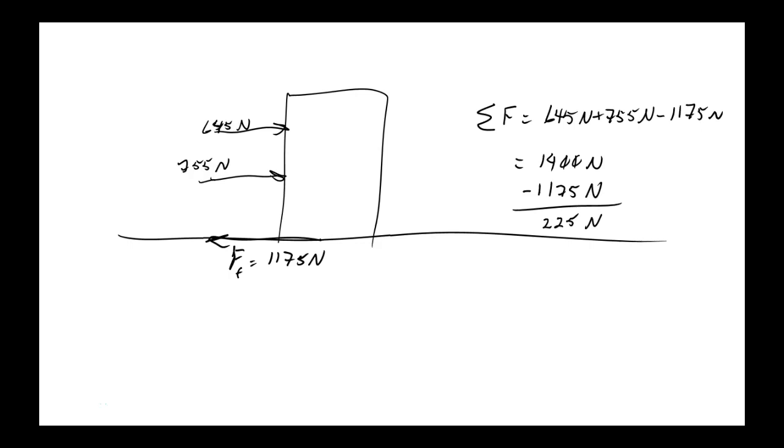Which direction? They didn't give us directions here, but because I drew it this way, I'll put to the right. They didn't say either. They just said 225 newtons. Shame on them. Okay. That finishes 5.5. Find the net force.